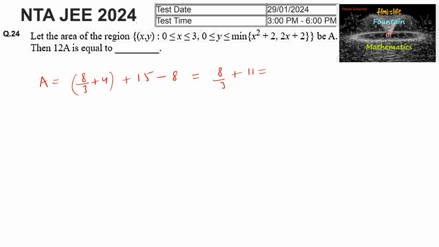So 11 threes are 33 plus 8, 41 upon 3. So the value of A is 41 upon 3, and we require 12 times A, that is 12 into 41 by 3, which is equal to 4 times 41. So 4 into 41 is 164. So therefore the answer is 164.